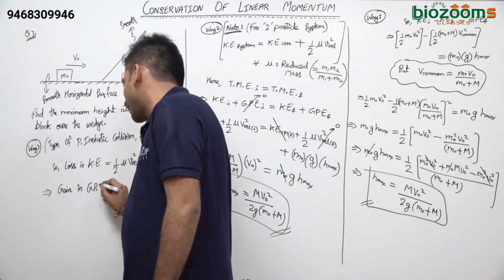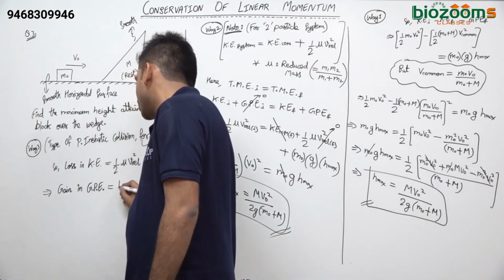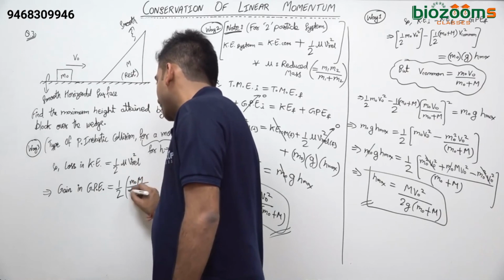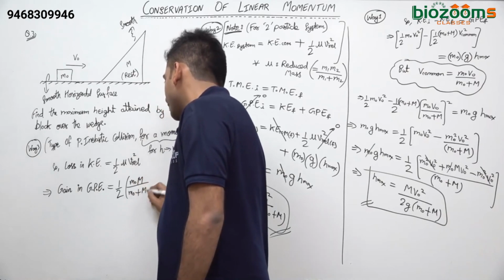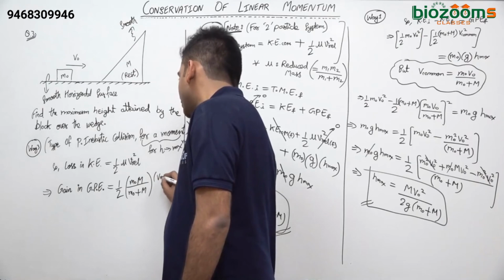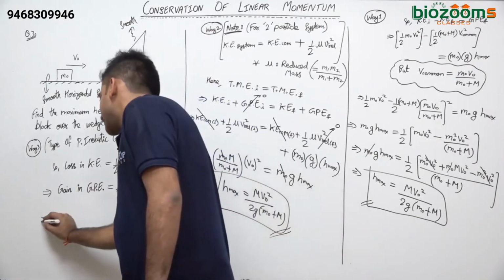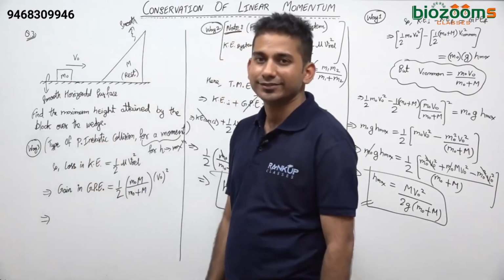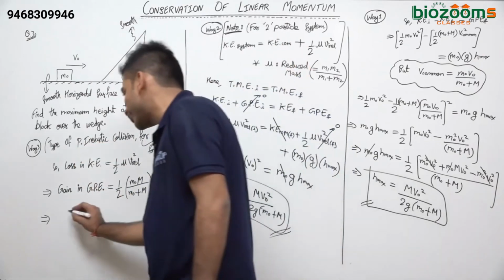Yes sir, you can write it, that gain in GP will be equal to half mu, M naught M over M naught plus capital M, and the initial relative velocity V naught square. So can I say gain in GP? Gain is final minus initial, only the block is gaining the gravitational potential energy.